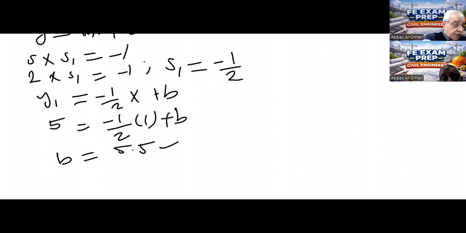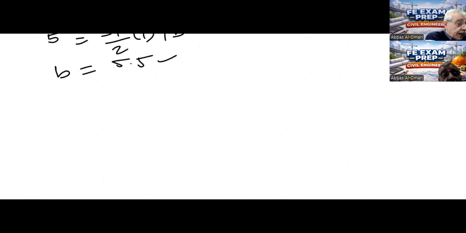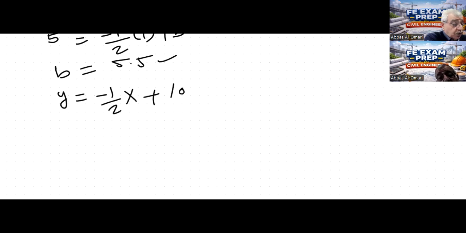So now we know a and b. We know the slope and the y-intercept. So the equation of the straight line is y equals -half x plus 10 over 2, or 5.5. So this is the equation of the straight line.